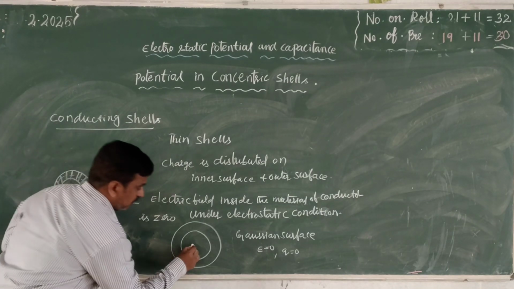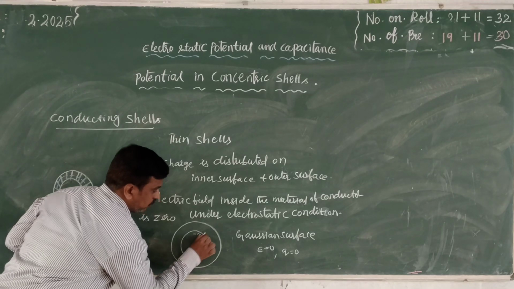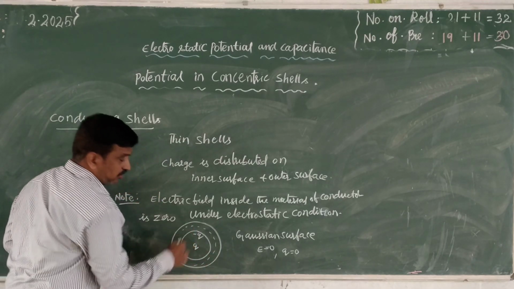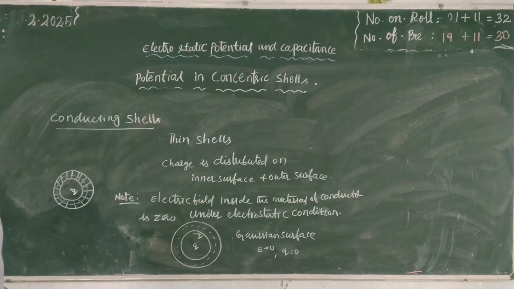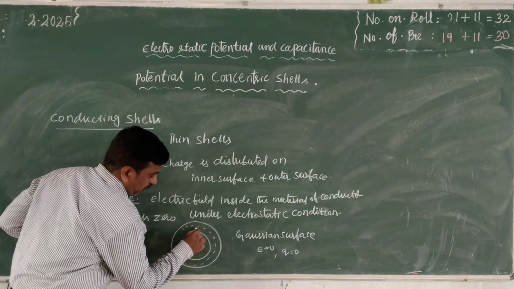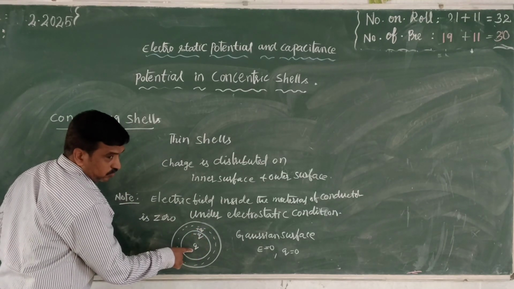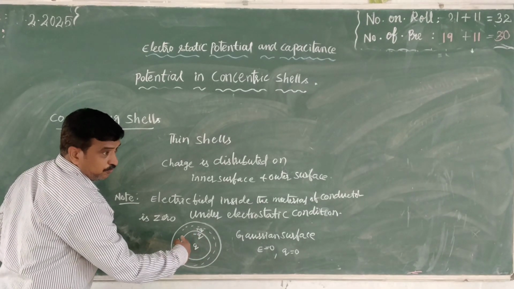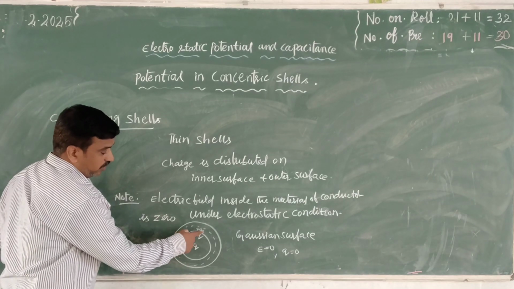Here q charge is there, so to make it zero we add minus q. According to Gauss law, the electric field inside the Gaussian surface is zero for conducting cells. Here minus q, here we can add plus q. Why? Minus q plus q is zero inside the Gaussian surface. So plus q, minus q again zero.